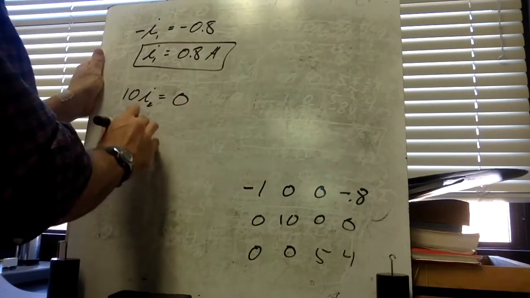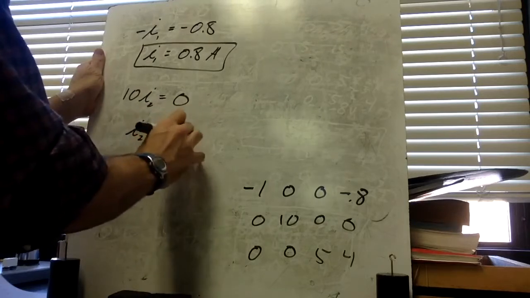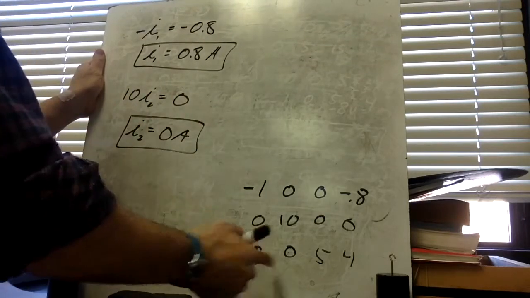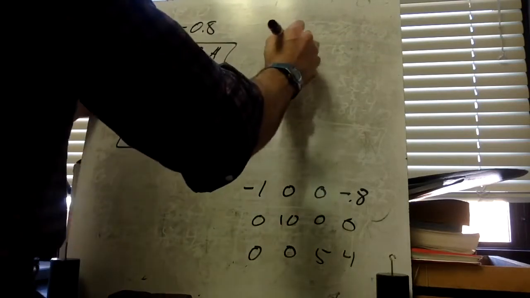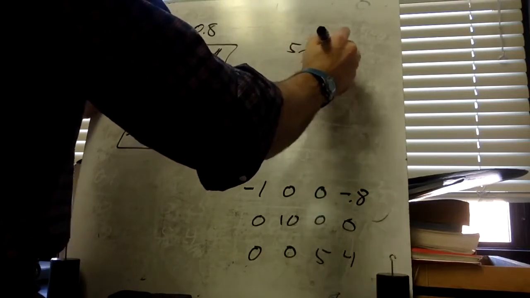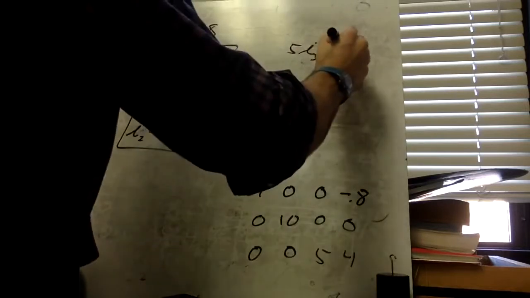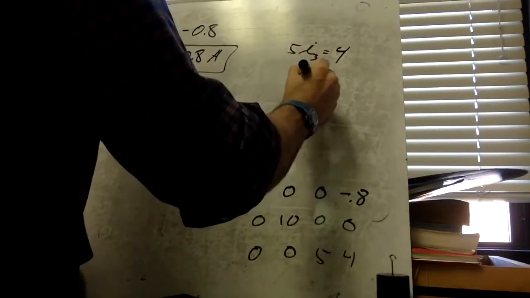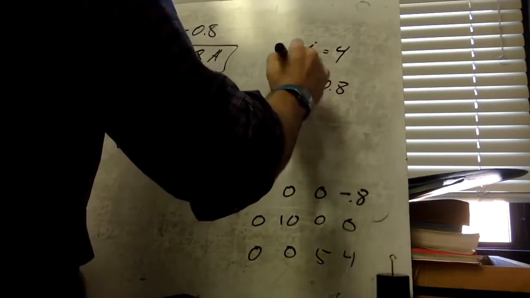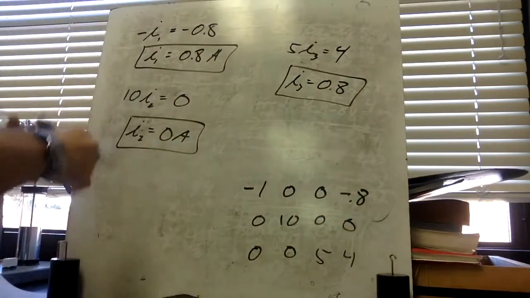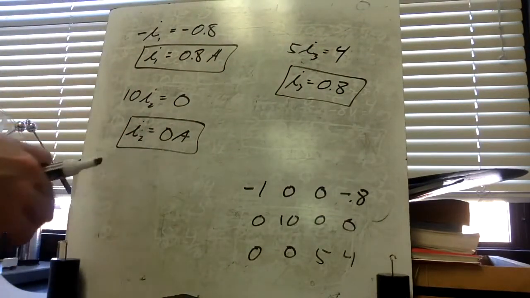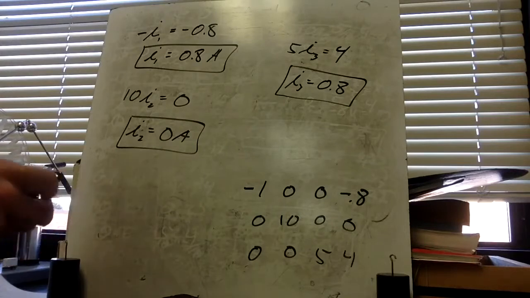So that means that I2 has got to be 0 amps. This equation, that's the coefficient of I3, so 5I3 equals 4. So that means I3 is equal to 0.8. Okay, and if we look at our circuit, that makes sense. It works with the junction rule.